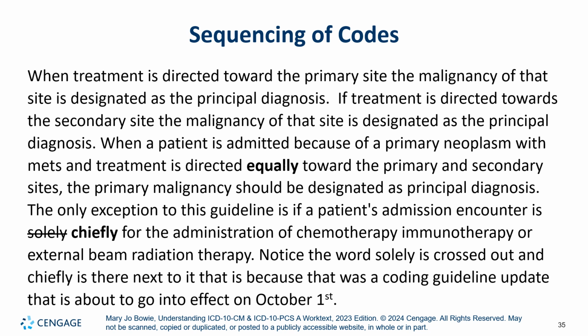So in those cases, when the patient is coming in for the chemotherapy or the immunotherapy or the radiation, specifically for those, then you're going to use the Z code for the therapy, for the chemo or the radiation or the immunotherapy, instead of the code for the neoplasm.